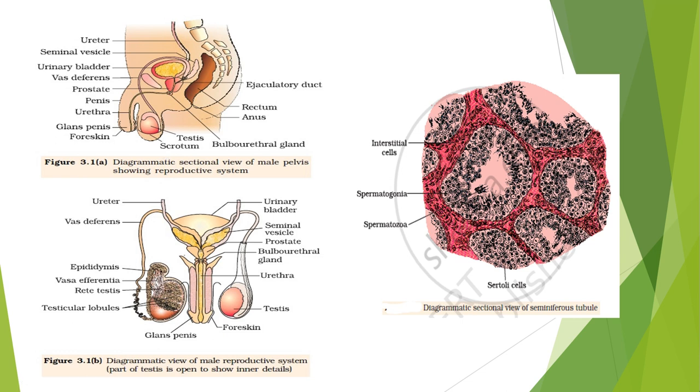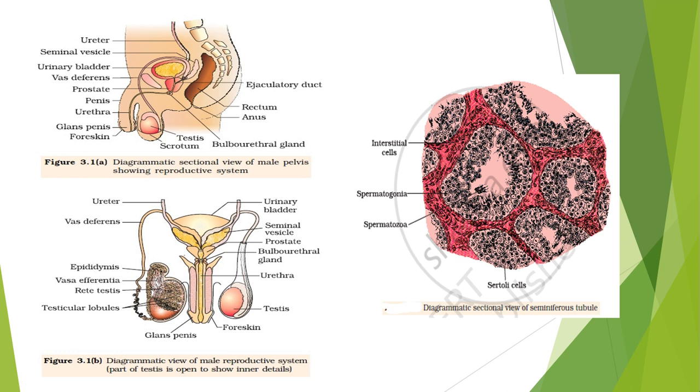So what happens in the accessory ducts? The epididymis leads to the vas deferens that ascends into the abdominal or pelvic cavity, and it loops over the urinary bladder and receives a duct from the seminal vesicle to form the ejaculatory duct. Here it is.